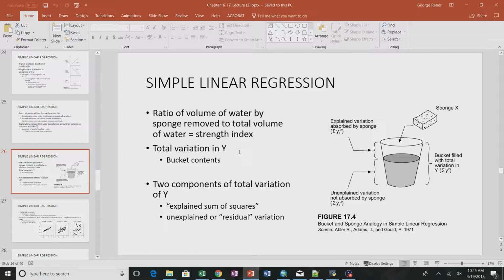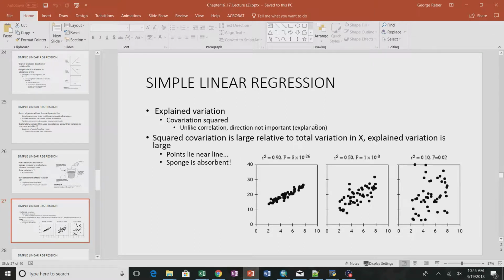It's either soaked up by the sponge or stayed in the bucket, but that's the total. The ratio of the explained variation to the total variation is actually just the R value squared. So when you calculate R and take the R value squared, it works out to be the explained variation divided by the total variation.